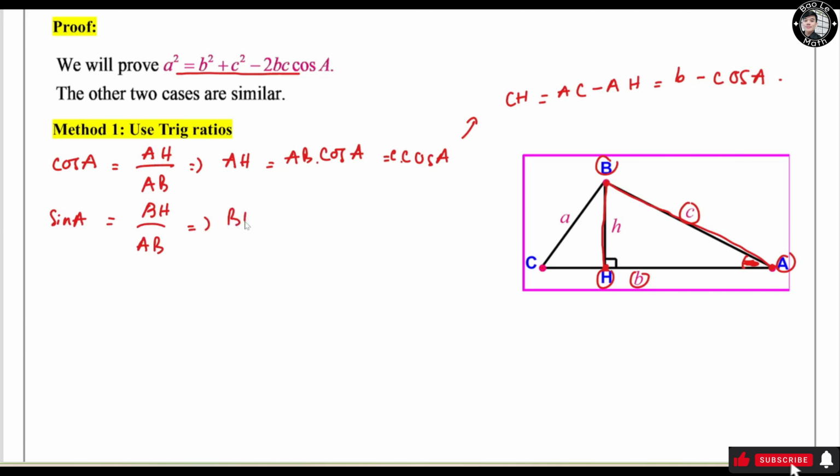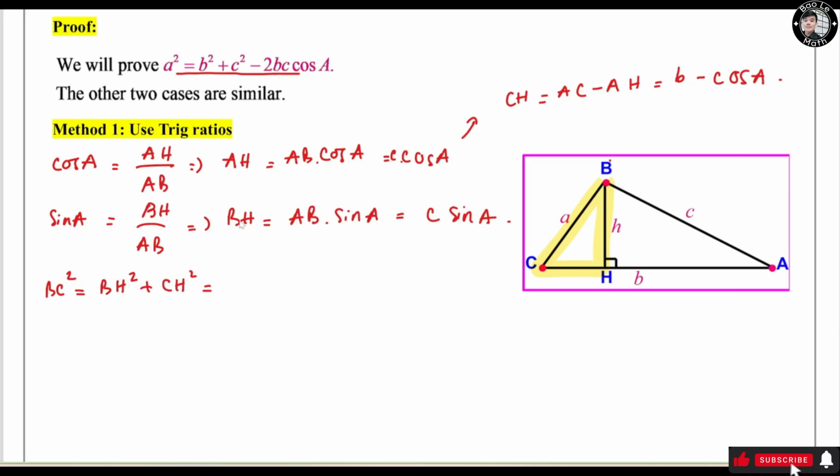Then BH equals AB times sine A. Now AB is actually c, so it is c sine A. In the right triangle BCH, we're going to apply the Pythagorean theorem. So we have BC squared equals BH squared plus CH squared.